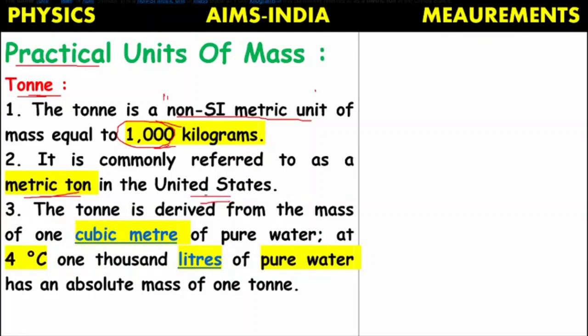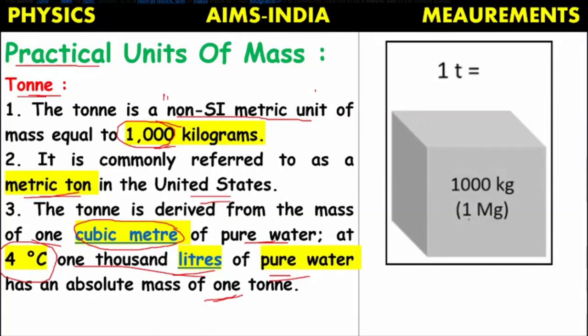Actually it is derived from the mass of 1 cubic meter of pure water kept at a temperature of 4 degrees centigrade. That means 1000 liters of pure water has an absolute mass of 1 ton.